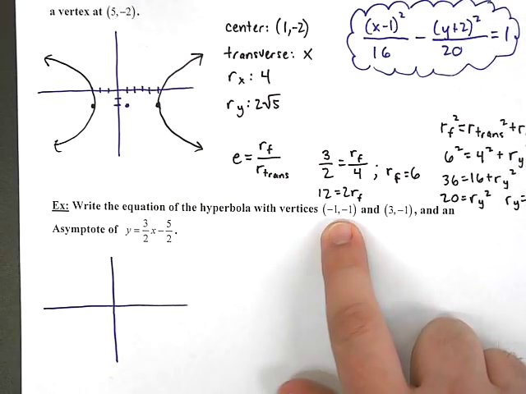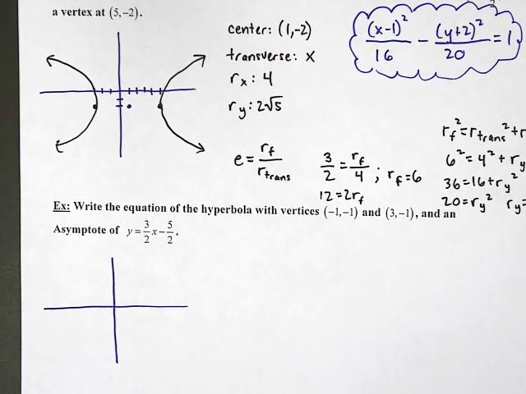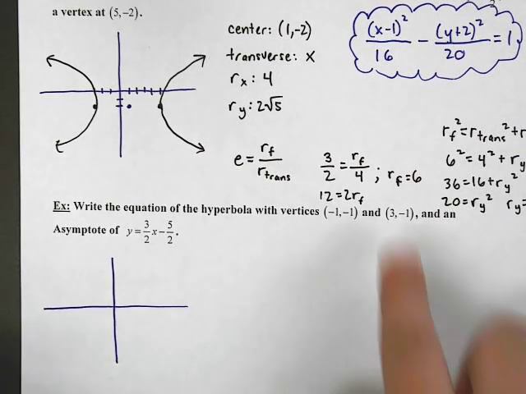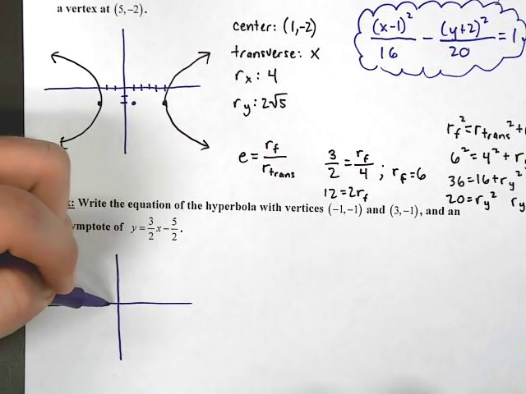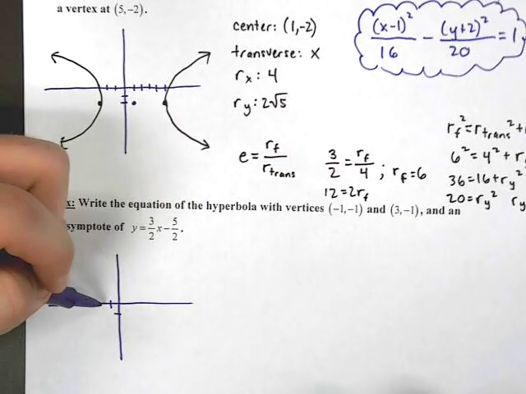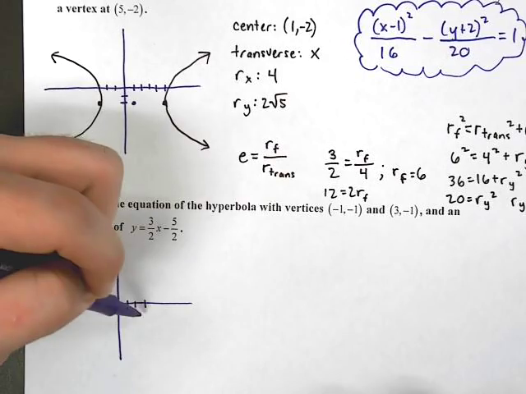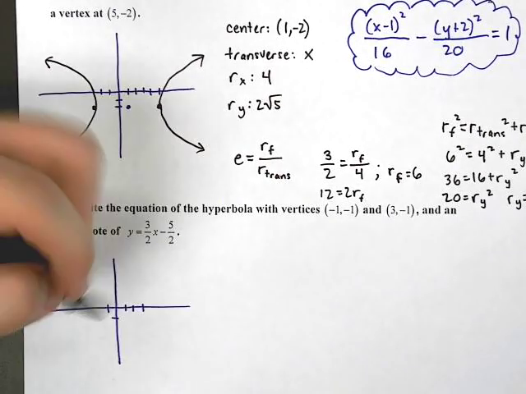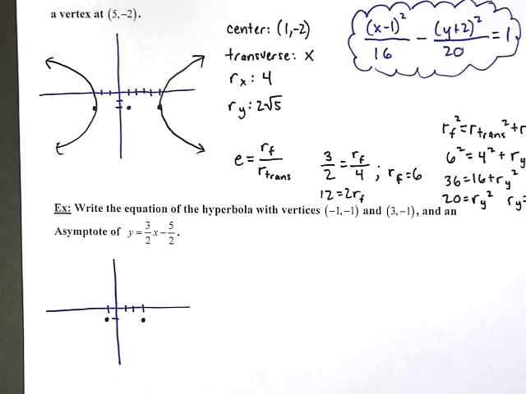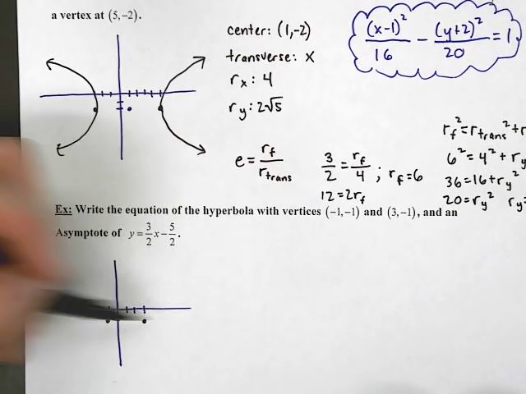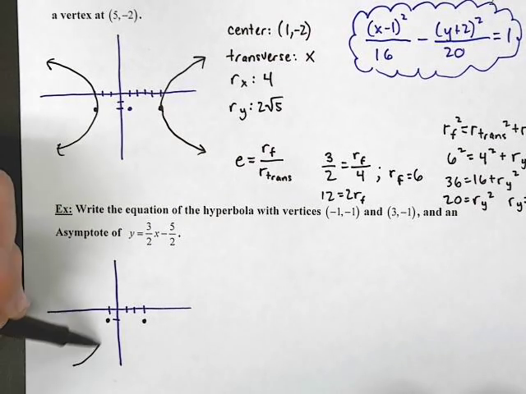Alright, we have vertices at -1, -1, and 3, -1. So let's see here. There's a vertex, there's a vertex. Hopefully you guys can already tell if the vertices are going left to right, then I already can sketch this picture, right?